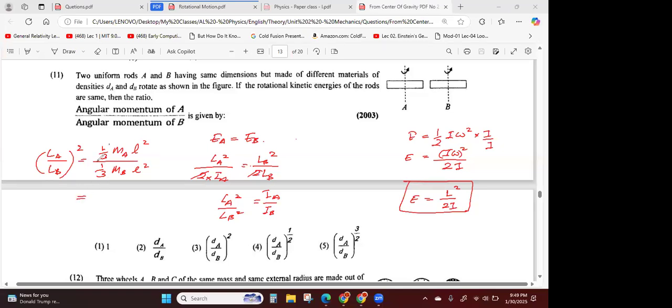L squared cancels, leaving mA over mB. The volume is the same for both because they have the same dimensions, so the mass ratio is dA over dB. Therefore LA over LB equals the square root of dA over dB. So the answer is the fourth one. Yes, your answer is correct. Good.